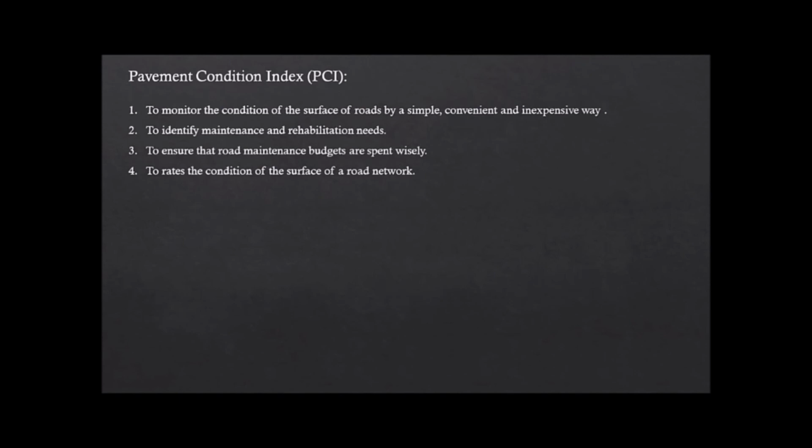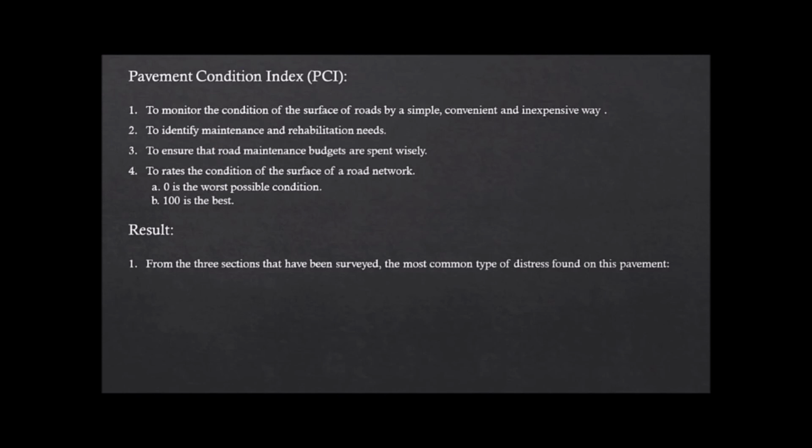The PCI provides a numerical rating for the condition of a road segment within the road network, where 0 is the worst possible condition and 100 is the best. Based on our result, from the 3 sections that have been surveyed, the most common types of distress found on this pavement are alligator cracking, depression, slippage cracking, and joint reflection cracking.